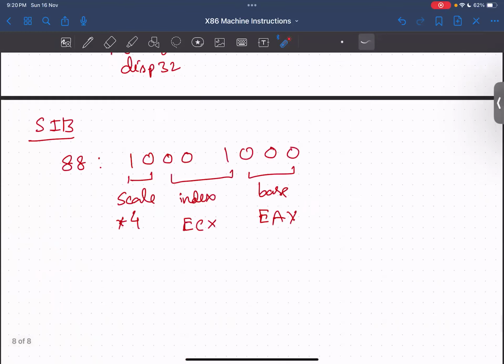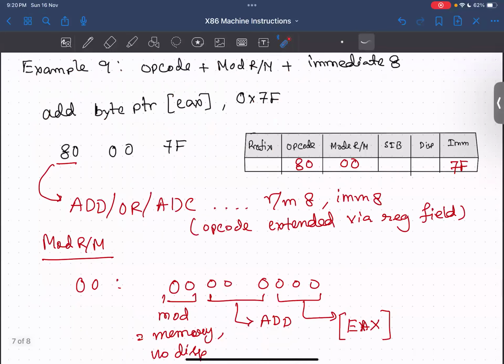Now we have 2 more examples. There are plenty of other cases, but I'm just covering the ones that are necessary for you. The next example uses opcode, ModRM, and immediate 8. So the instruction can look something like this: add EAX with this immediate value.